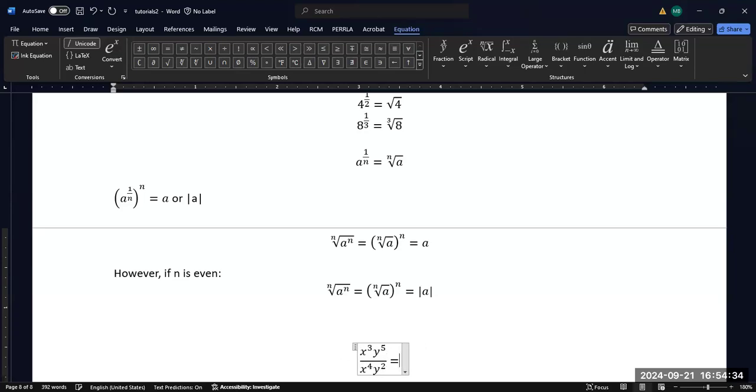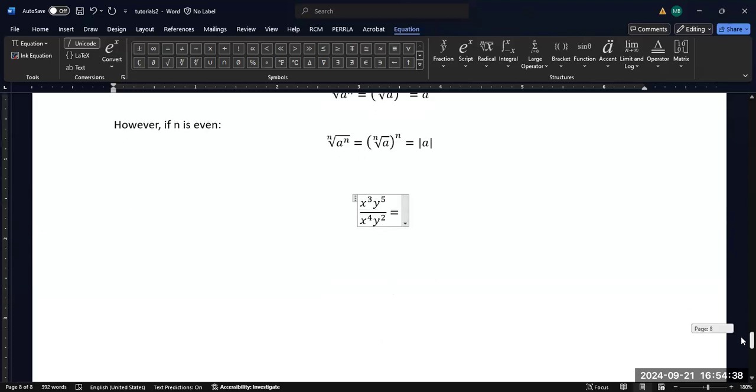And we might want to ask, how would we simplify this expression? So typically what we would do is apply our rules first by separating out the variables that are in common.